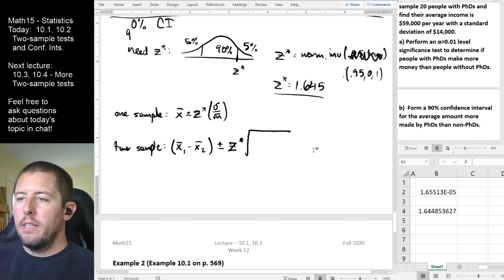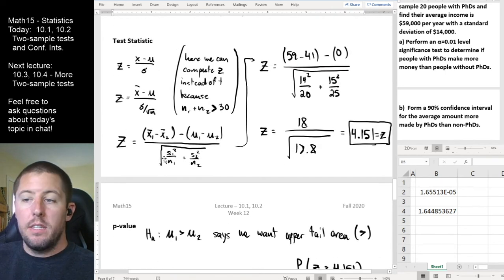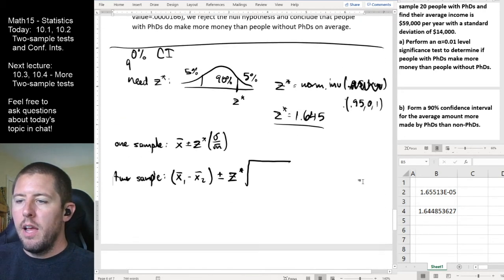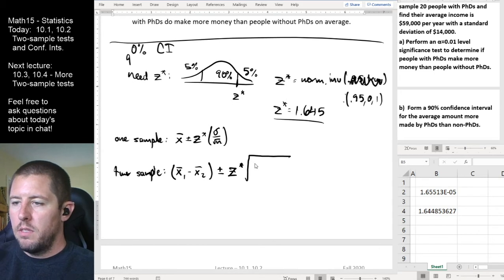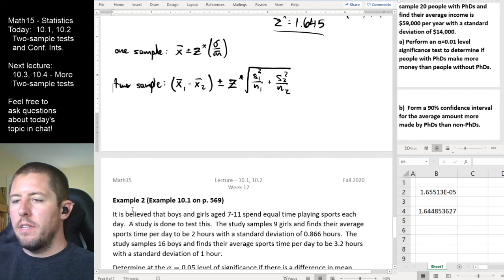Instead of s over root n or sigma over root n, we've got our entire square root term, the square root of s1 squared over n1 plus s2 squared over n2, right? So we're going to use that as our standard error term. And now we can go ahead and compute our confidence interval associated with this.